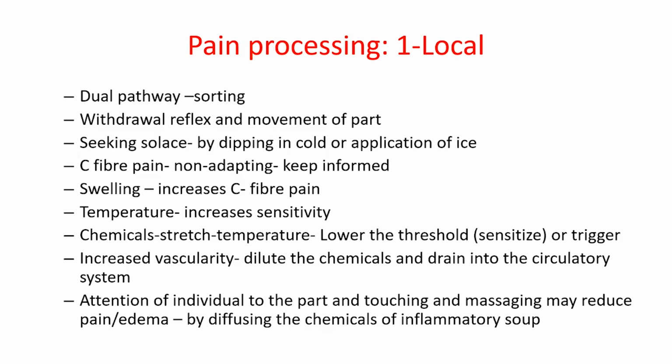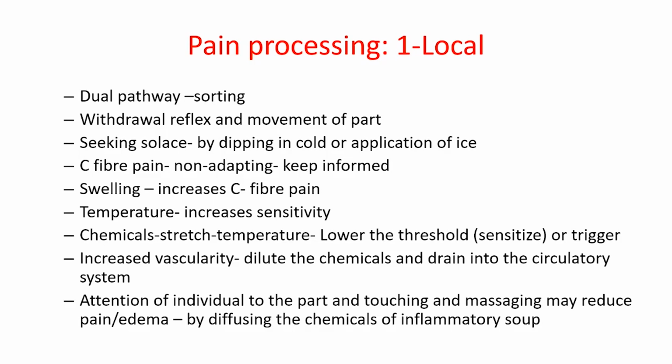Going on to the processing component, there will be an increased vascularity of the part. The increased vascularity brings in a large amount of blood. The microcirculation is increased. That would dilute the chemicals released because of the injury, cell degradation, and because of the inflammation.